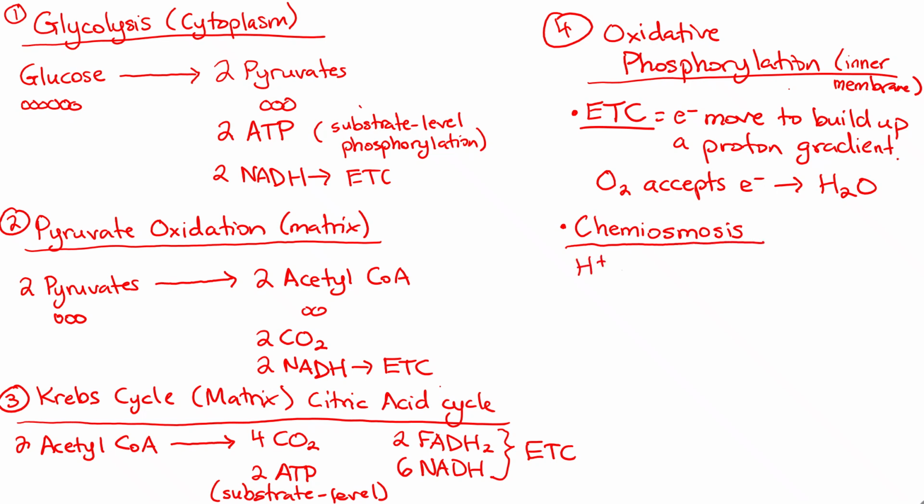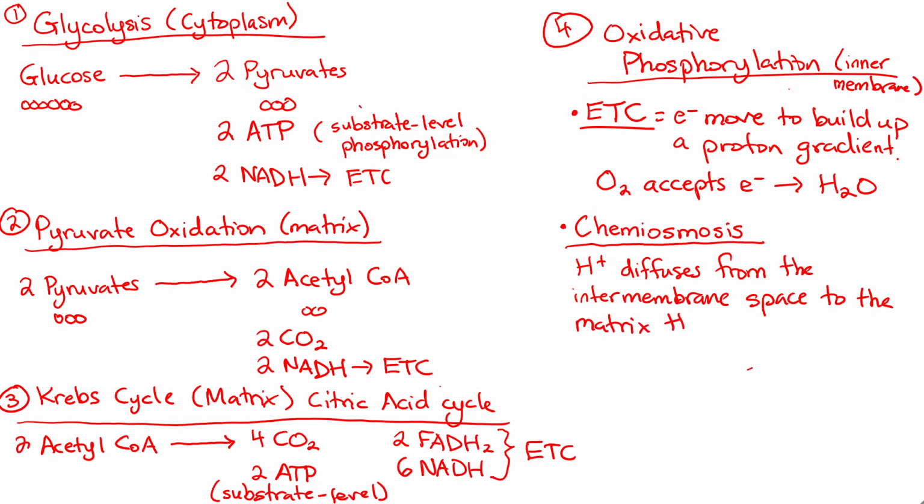So hydrogen ions diffuse from the intermembrane space to the matrix through the ATP synthase to create 34 ATP.